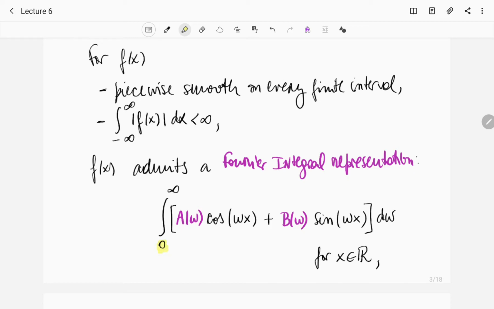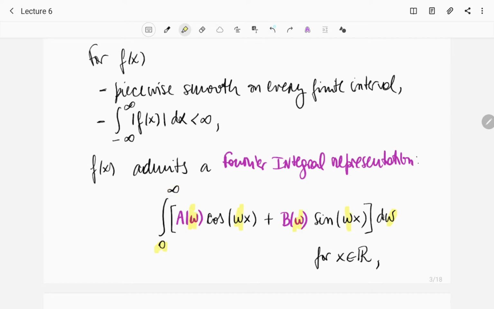It's the integral from 0 to infinity of, we have these guys, this is a function a of omega, and it kind of plays the role of this an that we had in the past, because this function a of omega is next to this cosine here. And again, look, this is omega, and this is omega, and this is omega, and omega takes any value from 0 to infinity.